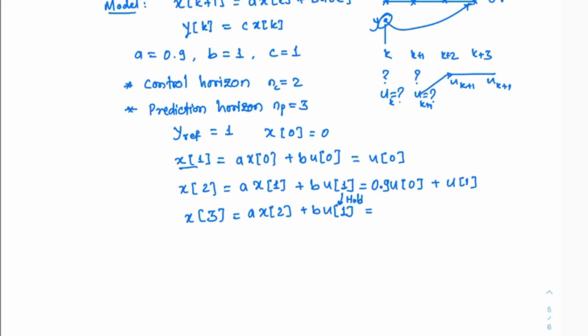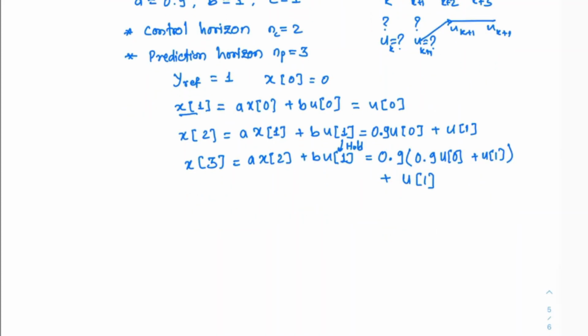What is x2? x2 is this quantity, 0.9 into 0.9 u0 plus u1, plus b into u1. So x3 is written as 0.81 u0 plus 0.9 u1 plus u1, so 1.9 u1.